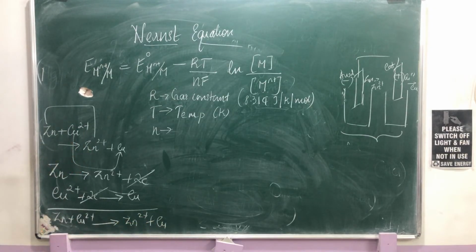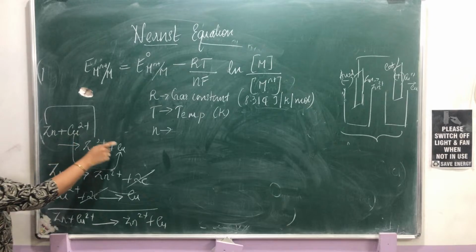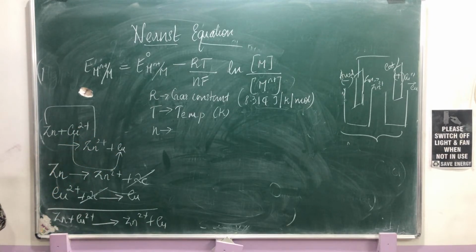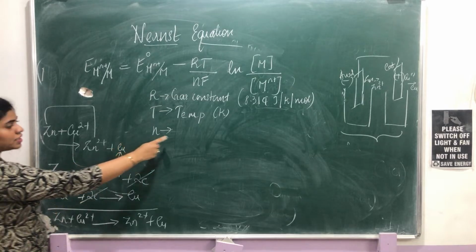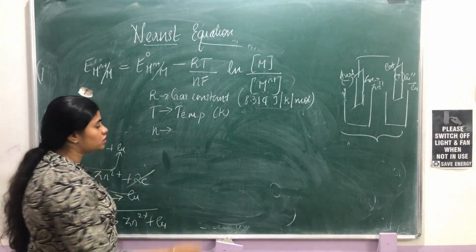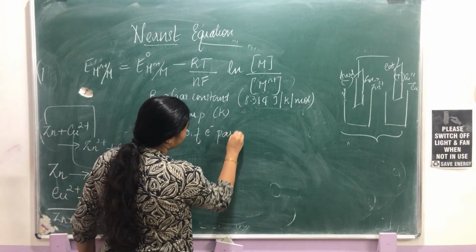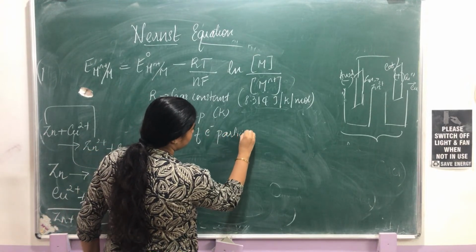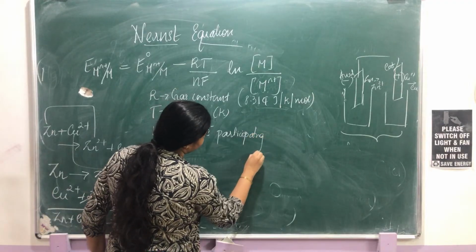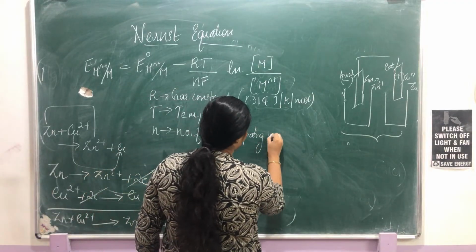Now it is clear why it is 2 electrons and why we don't show the electrons here, because whatever I give is taken by the other one. So what is the number of electrons lost or gained here? 2. Write down: N stands for the number of electrons participating in the redox reaction.